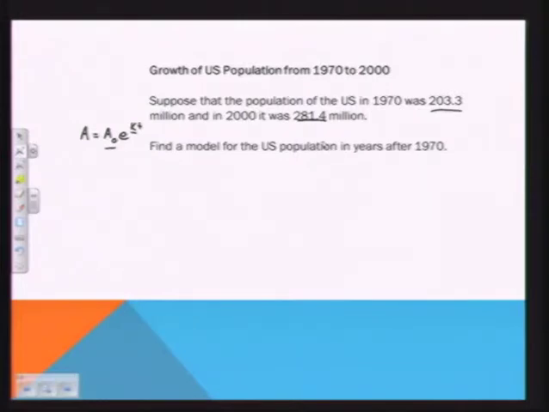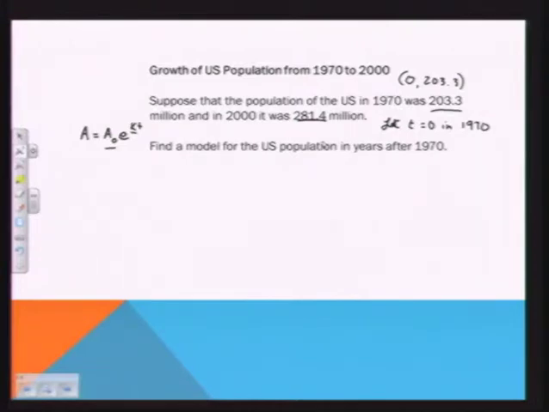Now, it's important to note that in our given information, if we let t equal 0 in 1970, we have 2 points given. One is t is 0 and the amount of the population is 203.3 million.